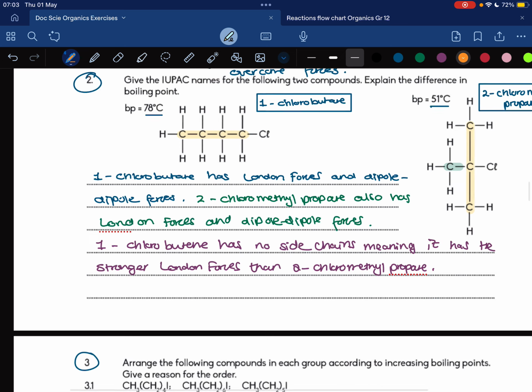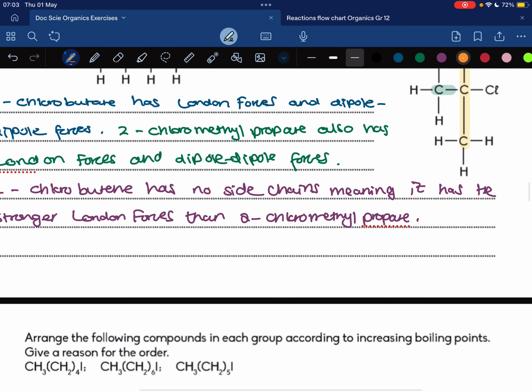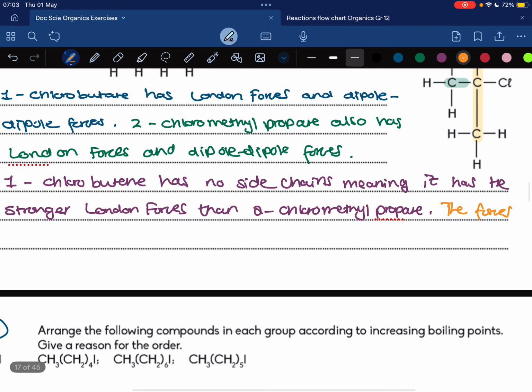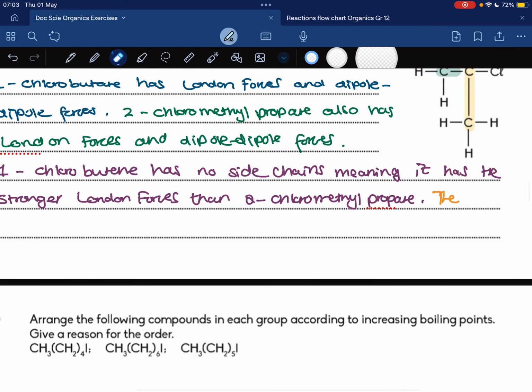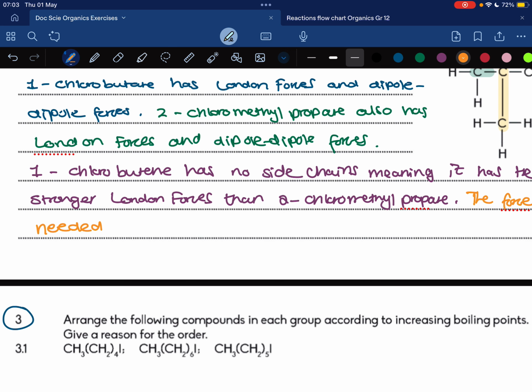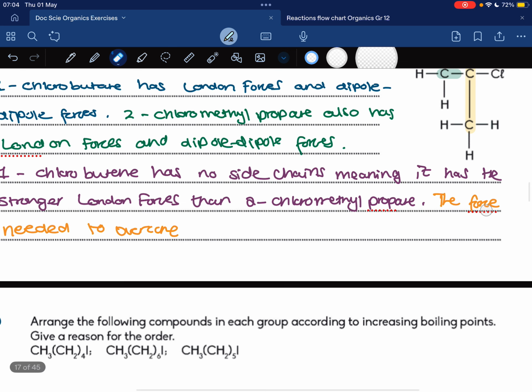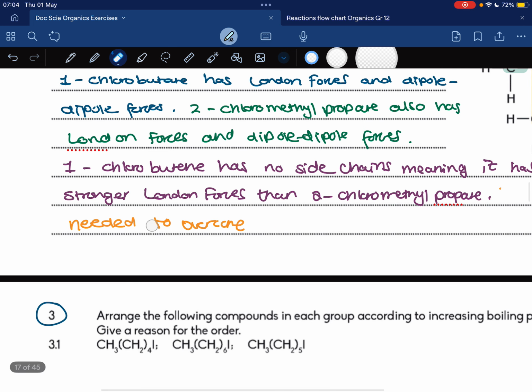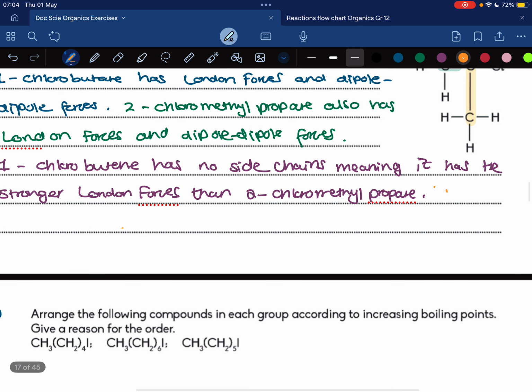Then don't forget that you must conclude your statement by talking about the energy needed to overcome the forces.